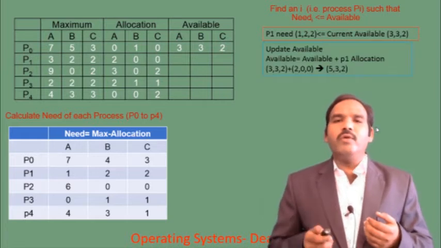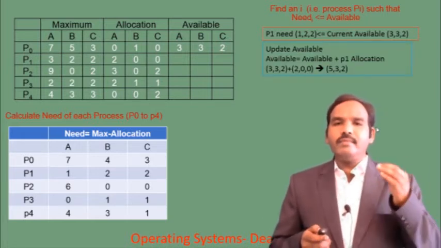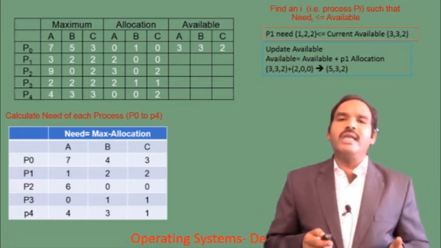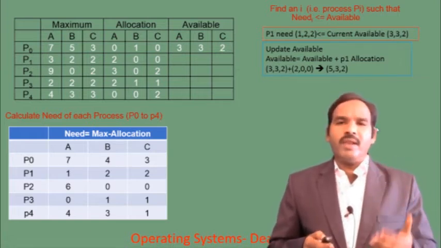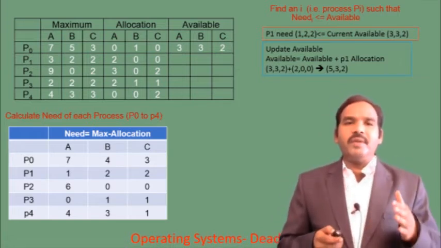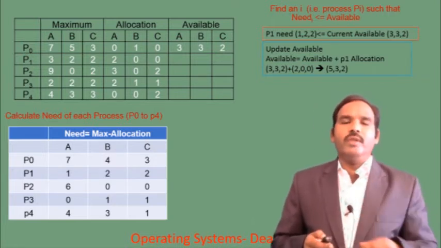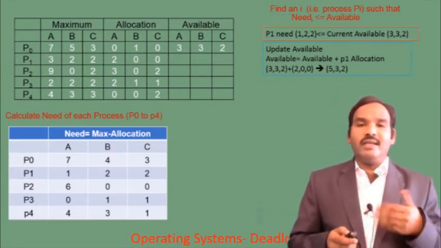Then what is the step we have to do? Update available. Available equals available plus P1 allocation. What is the P1 allocation here? P1 allocation is 200. Why are we adding this allocation?